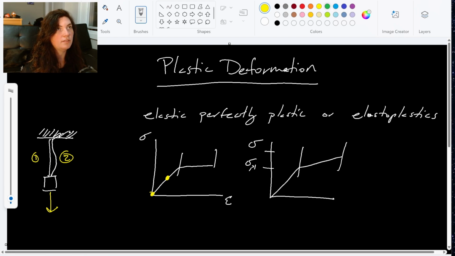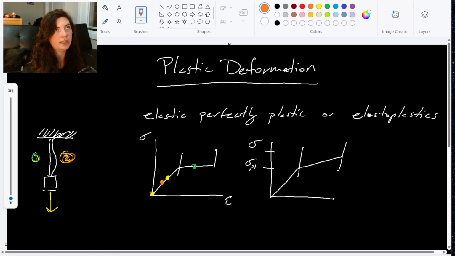And then we have our number 1 guy moving up into the yielding region, while number 2 is now hanging out somewhere in the elastic region. So I can have one of my strings, even if they're made of the same material, move into the plastic region, one move into the elastic region, and essentially it gives me this extra room.